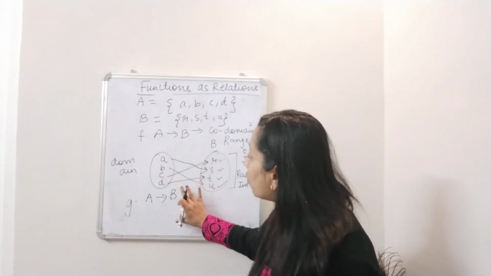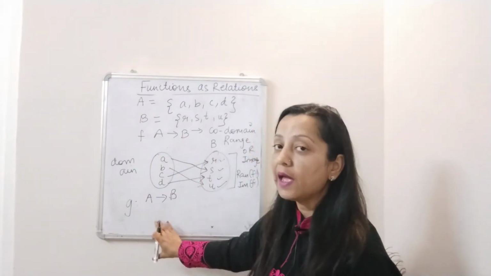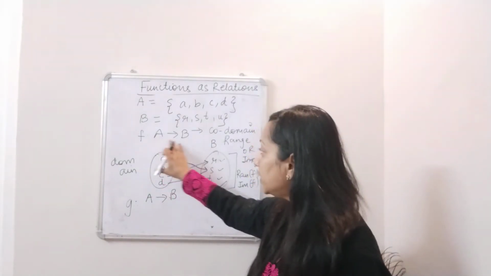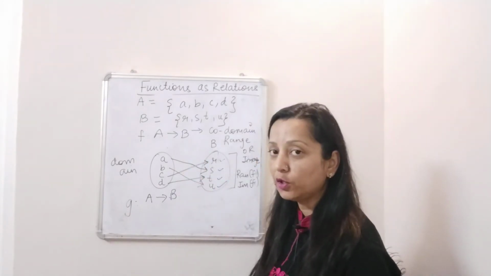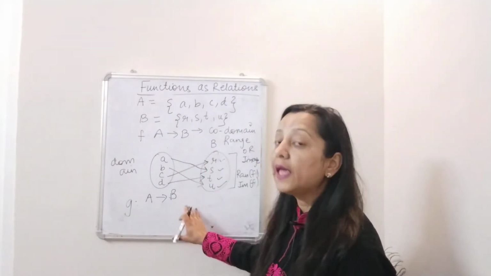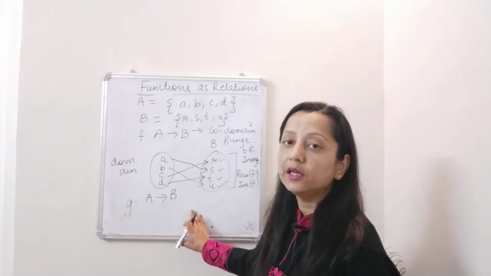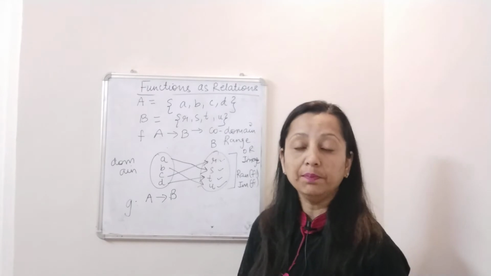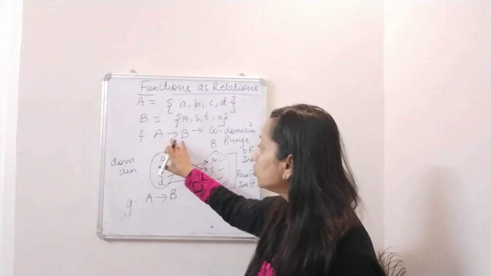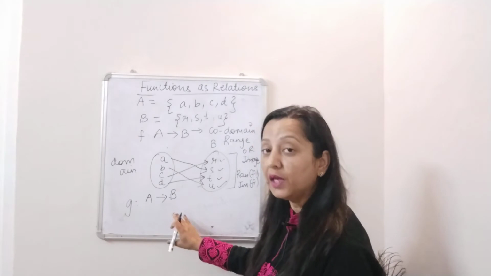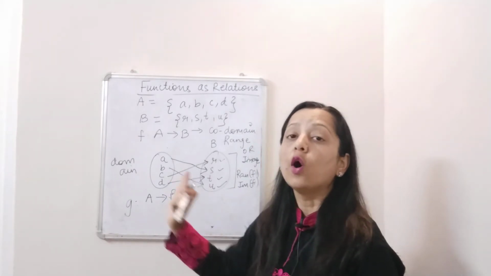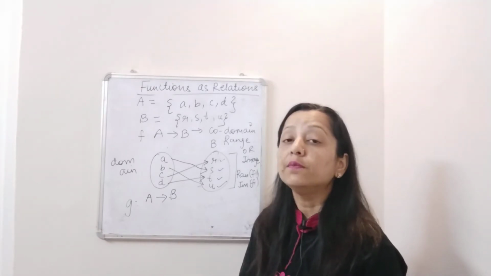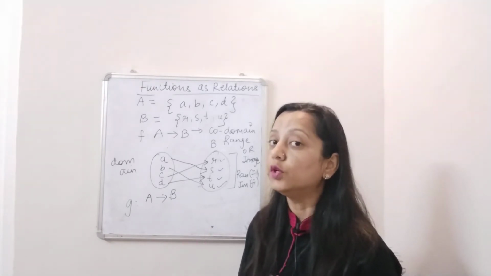So in case of both these functions, the elements of set A will form the domain of the function, and the elements of set B will form the codomain of the function. It's not necessary that all the elements of set B will be assigned to the elements of set A. Please mind it that if f is a function from A into B or G is a function from A into B, it is not necessary that all the elements of B will be assigned to some elements of set A. There can be some elements which can be left out.